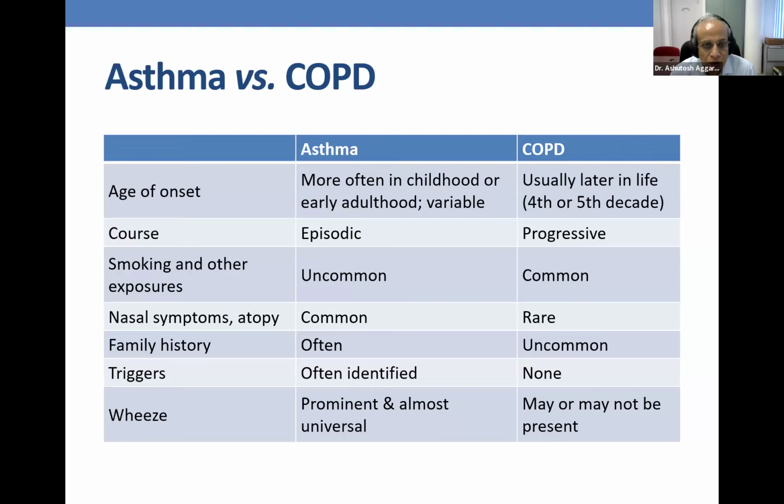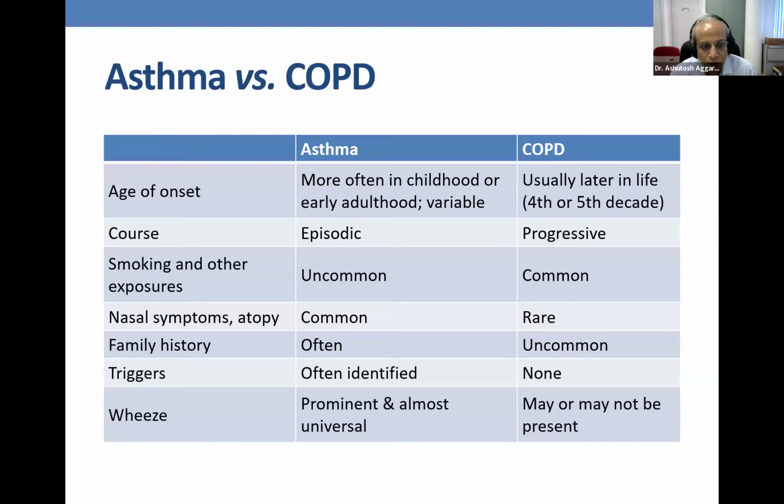The symptoms are usually episodic in asthma. So you have periods of symptoms, and in between the patient might be completely normal and symptom free. Whereas in COPD patients, the symptoms are usually progressive over a period of time. There may not be any good days for the patient in between.